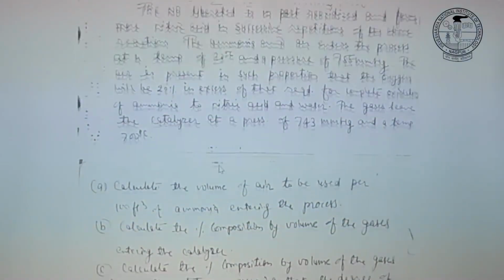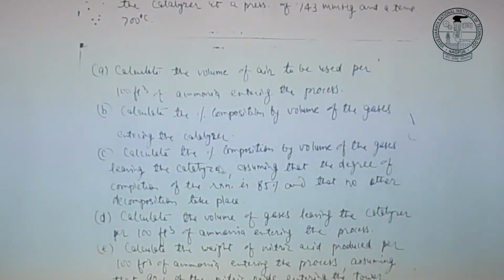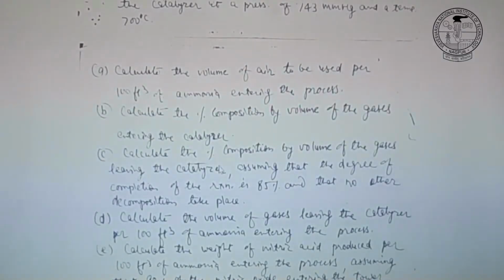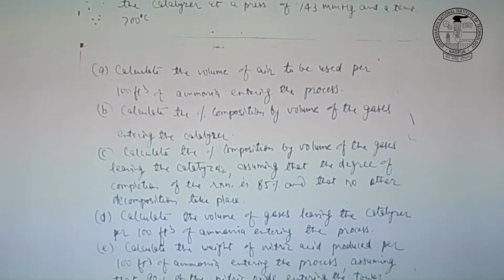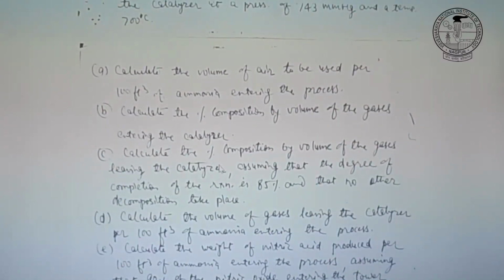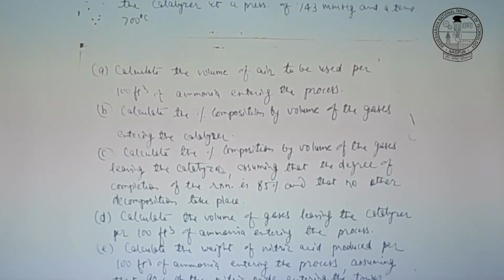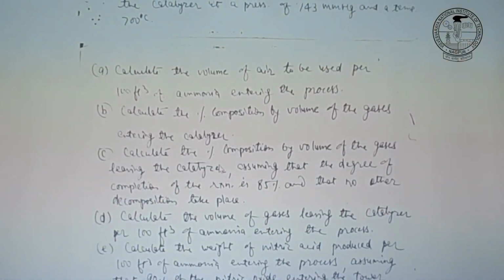So what we have to calculate is, part A, calculate the volume of air to be used per 100 cubic feet of ammonia entering the process, right? As I told you, air and ammonia enter the process. So suppose the ammonia entering has a volume of 100 cubic feet.